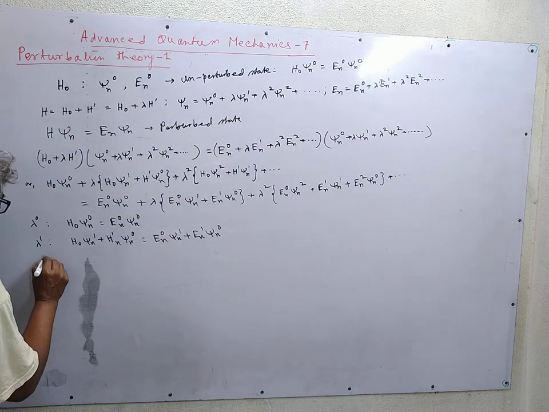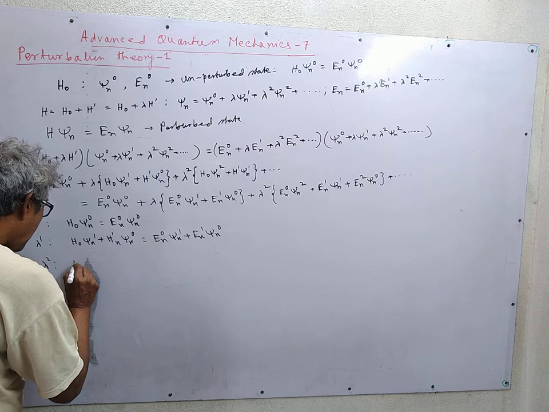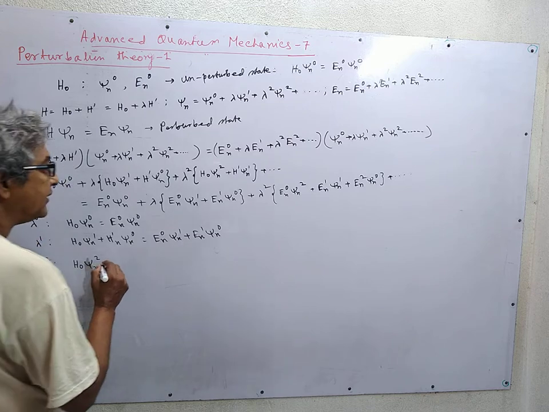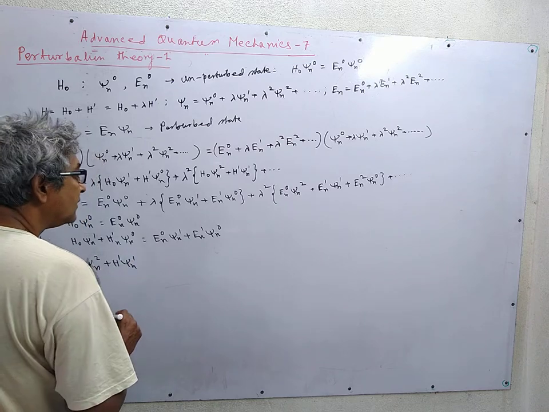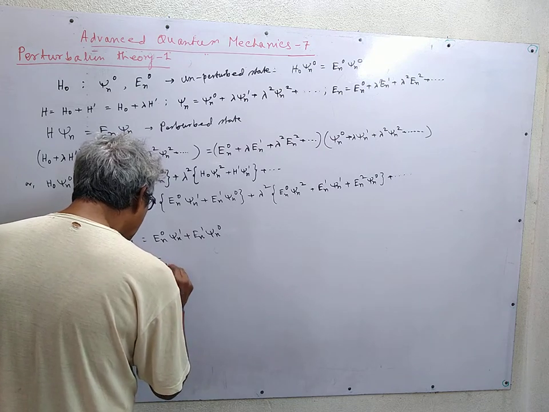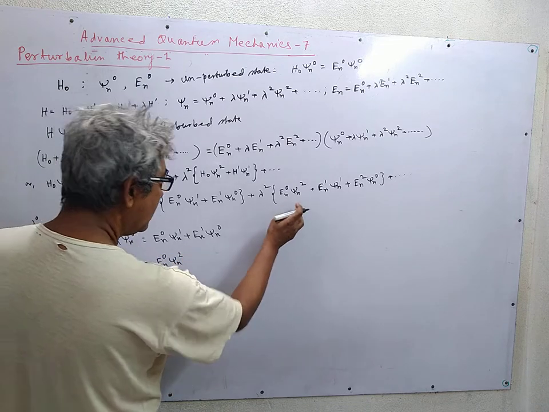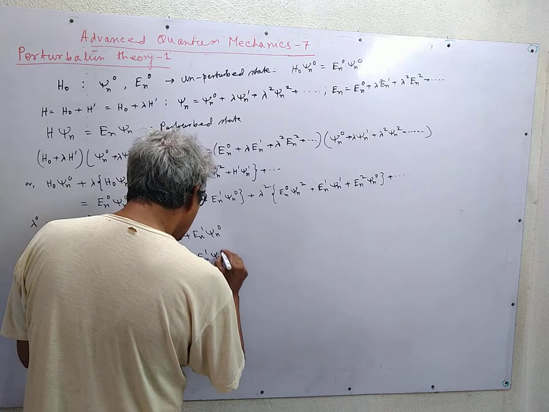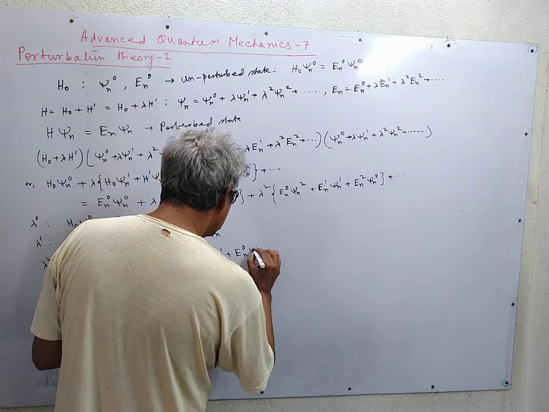The coefficient of lambda square gives us H0 psi n2 plus H prime psi n1 is equal to, on the right hand side, En0 psi n2 plus En1 psi n1 plus En2 psi n0.